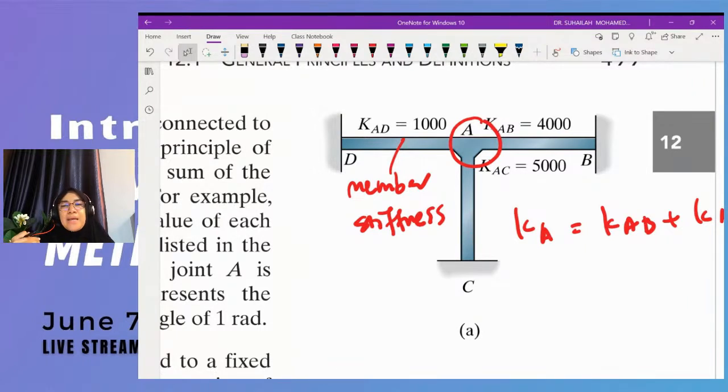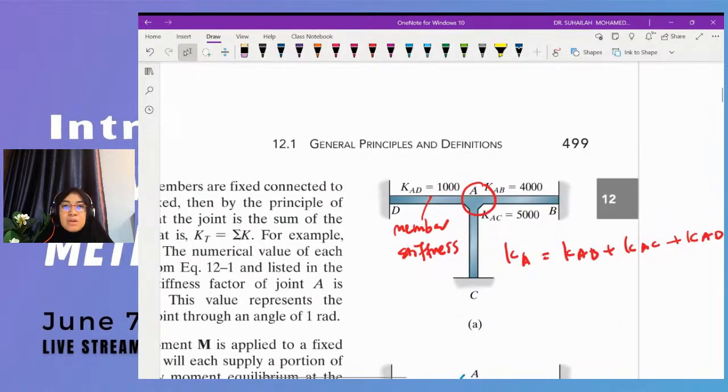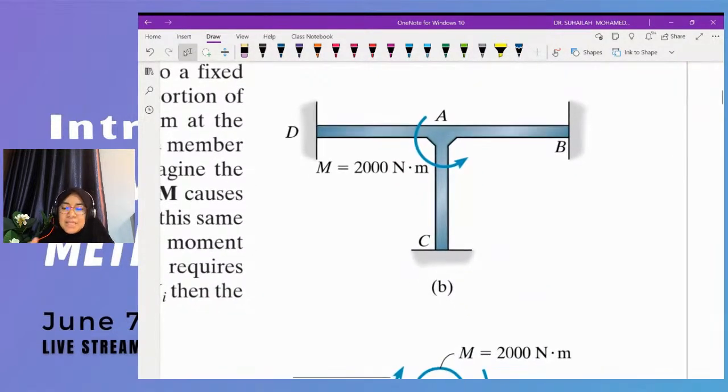Element AB is 4,000, element AC is 5,000, element AD is 1,000. That is member stiffness. For the joint stiffness, we have to total all. We get 10,000.